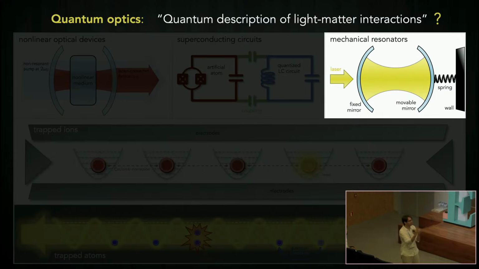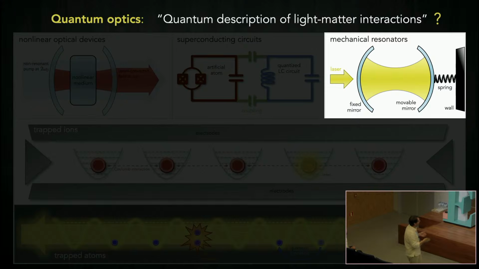And then you have a connection between the light field and the motion of the mechanical element through this optomechanical coupling, we call it. So again, in here, we don't have the traditional elements of quantum optics. We don't see atoms. We don't see only light. But we really have a macroscopic or mesoscopic mechanical element that is reacting to the photons that impinge on it.